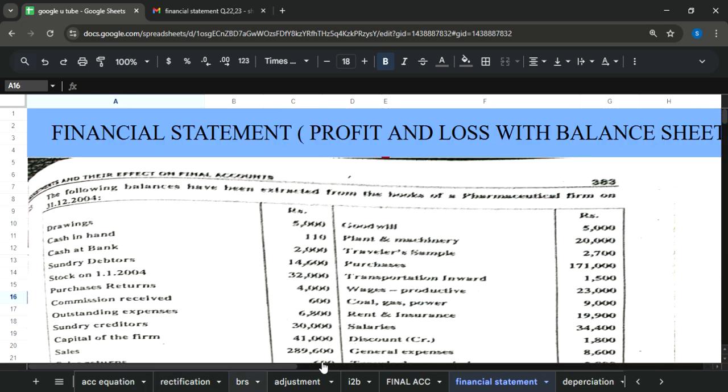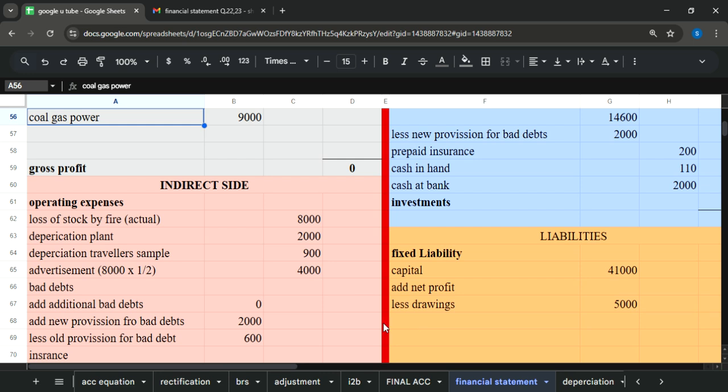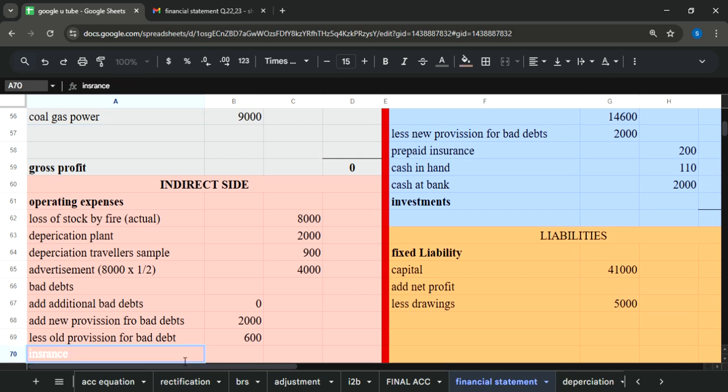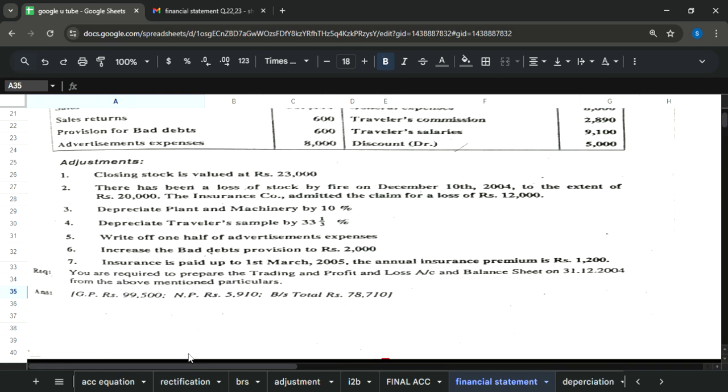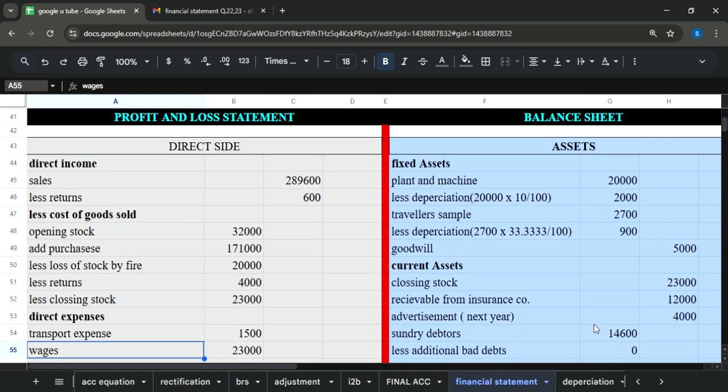Then we have rent and insurance. This was to be written on the indirect side. Insurance is mentioned over here collectively, so it means you will be writing it as rent and insurance. Amount of rent and insurance is 19900.